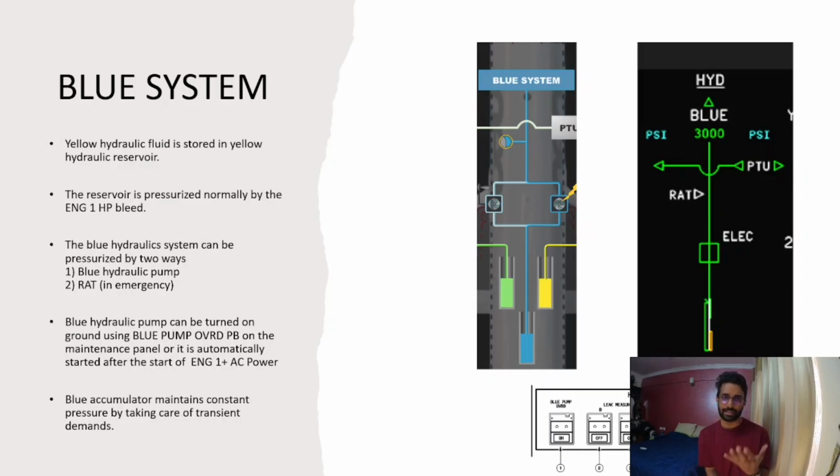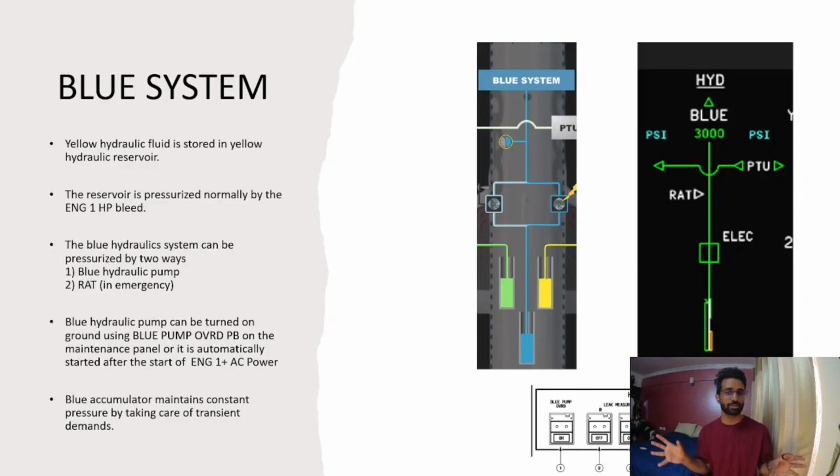Now, how does the RAT get deployed? The RAT gets deployed under certain emergencies, namely when you lose full electric power. This is part of the electrical system. In that case, the RAT runs a pump, which pressurizes the hydraulic system. This hydraulic pressure is used to run an emergency generator. That emergency generator will give you some critical systems back online if your engine 1 and engine 2 generators are lost.